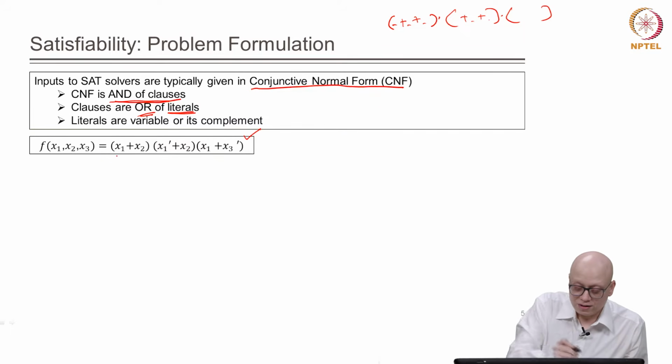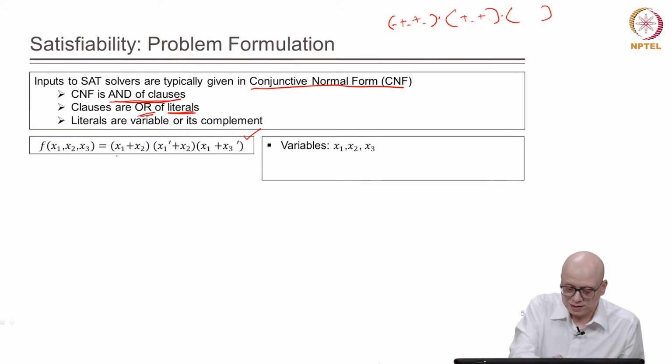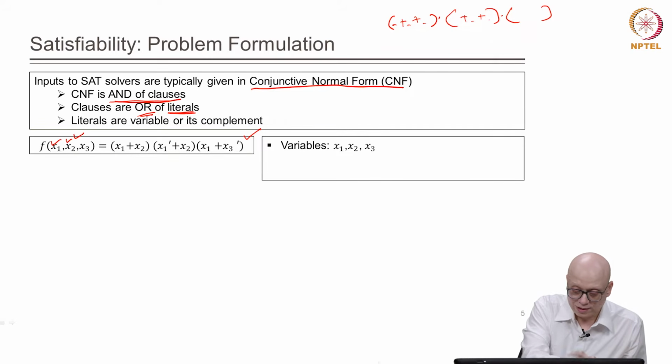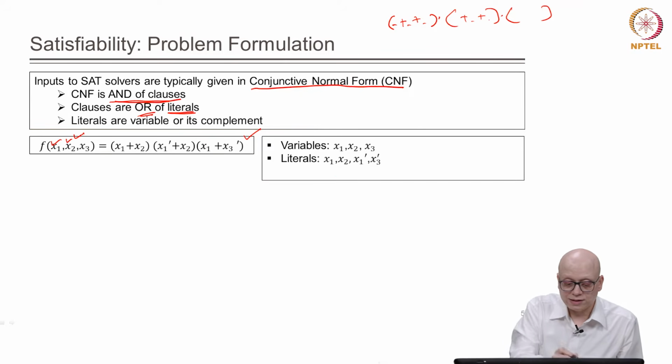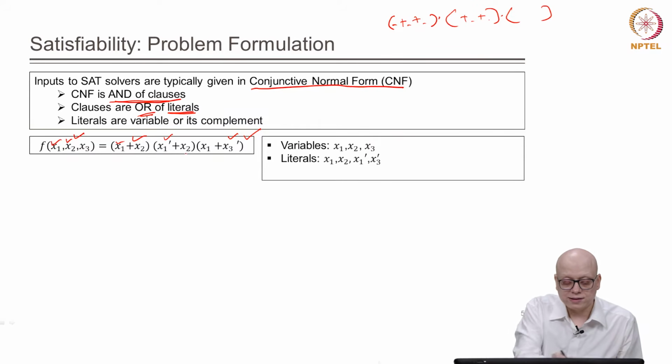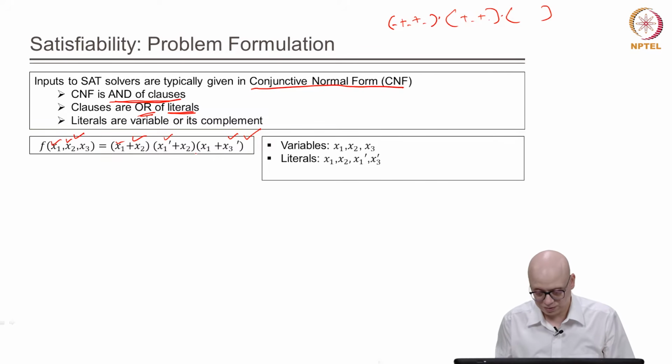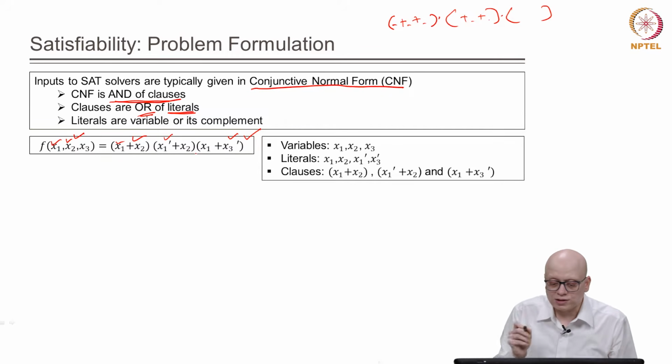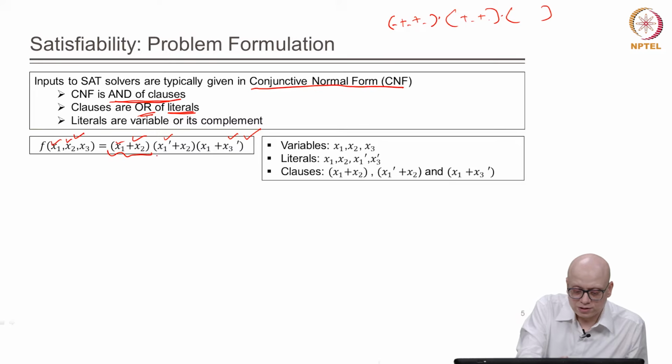So, we have variables in this as x1, x2, x3, and what are the literals? Literals are x1, x2, x1 bar or x1 dash and x3 dash. These are the literals that appear in this Boolean function. And what are the clauses? This is one clause, this is another clause, and this is the third clause.